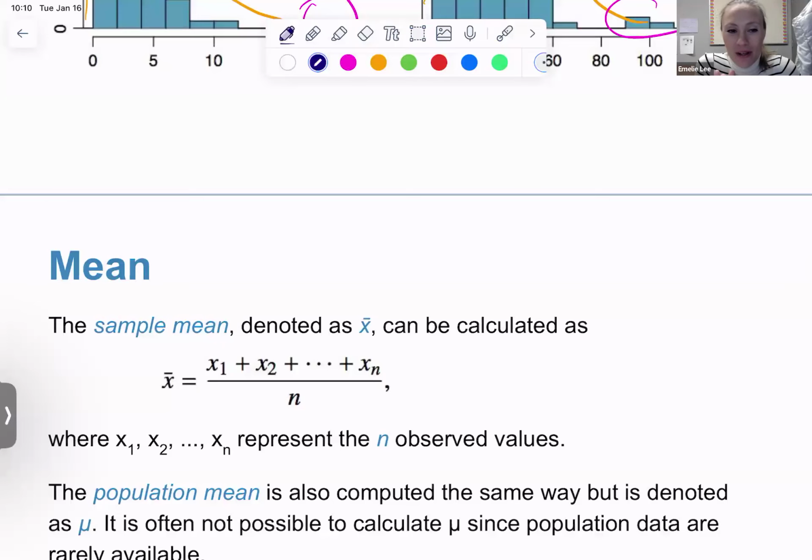So we can eyeball the center, right, from the distribution. We can say, okay, where would the balancing point be? Usually it's going to be at the mean, especially if we have a unimodal symmetric, so a normal distribution.